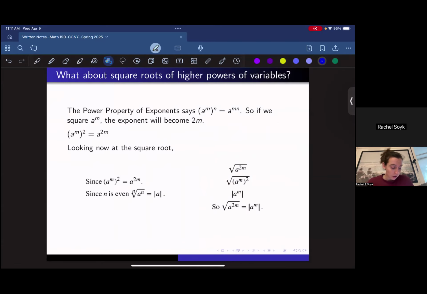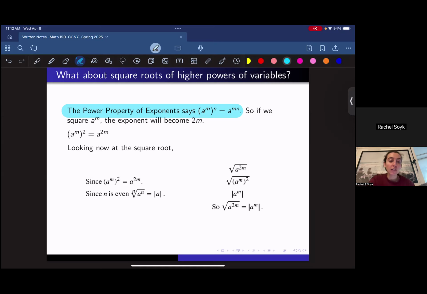Another notes page. What about square roots of higher powers of variables? So we have our power property of exponents, meaning if we have a term that has an exponent and then we raise it to another exponent, what are we doing to those exponents? We are taking the product of them. A to the m raised to the n is a to the m times n.